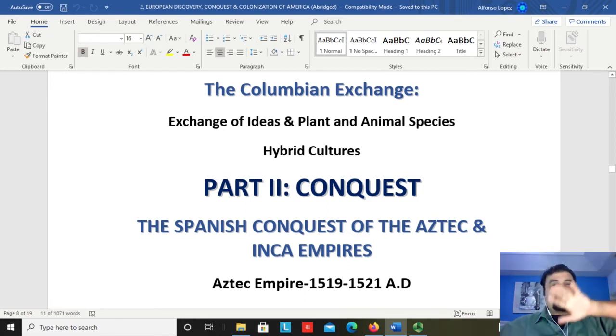So the meaning of this is that the cultures of the world are all going to change as a result of this Columbian exchange. The cultures of the world that had developed pretty much in isolation from other cultures, developing their own way of life, their own ideas, their own technologies, are now in a process of rapid change because they're influenced by the ideas, the animals, the plants that are flowing from different parts of the world into their own societies.